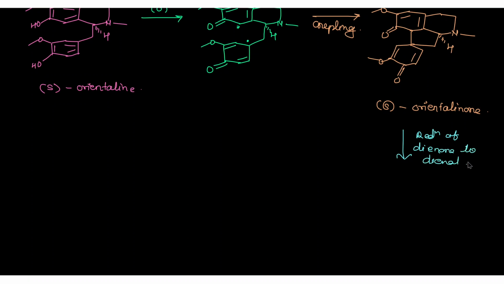The one-to-two migration with loss of leaving group is favored by formation of an aromatic ring and we get orientalinone.